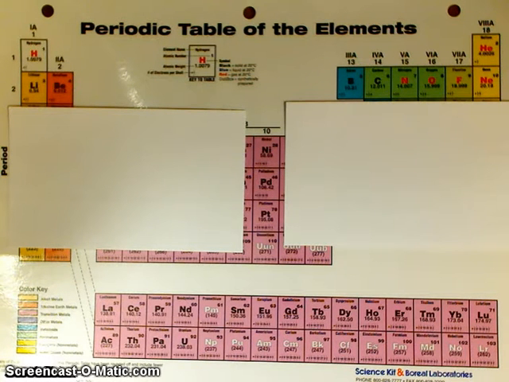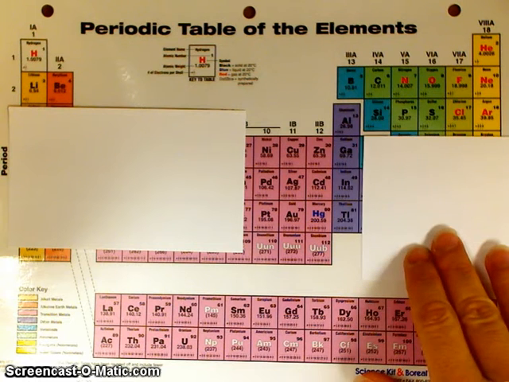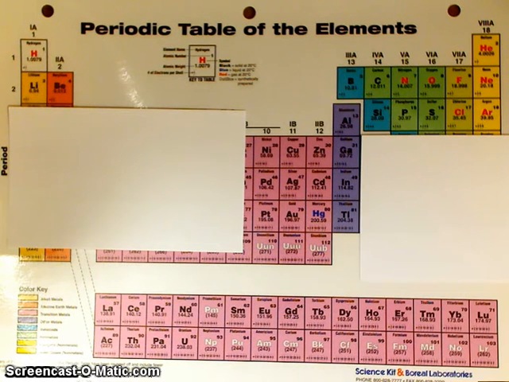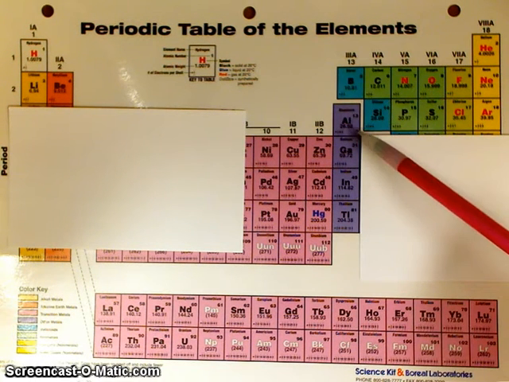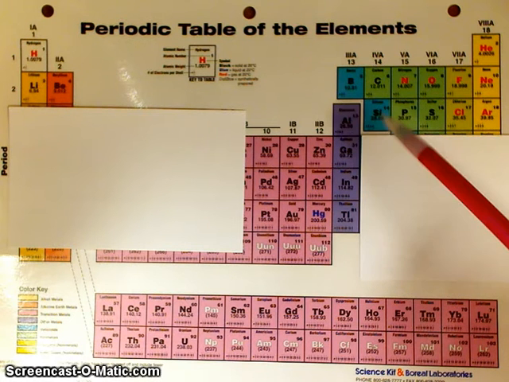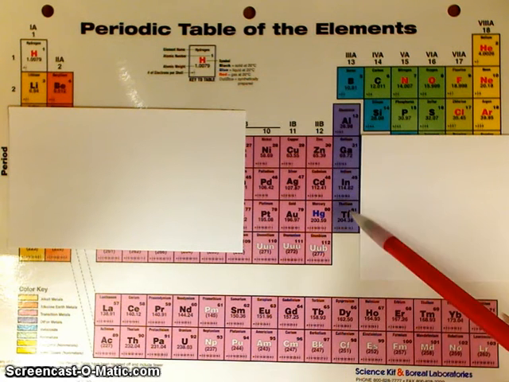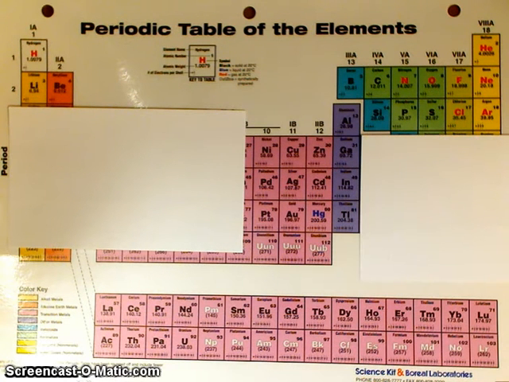Okay, number 15, why are the chemical properties of aluminum more similar to boron than silicon? Aluminum is right here. Boron is in the same family. It's in the same column. Silicon is next to aluminum in the same row, but remember, it's the ones that are in the same column that share similar characteristics.